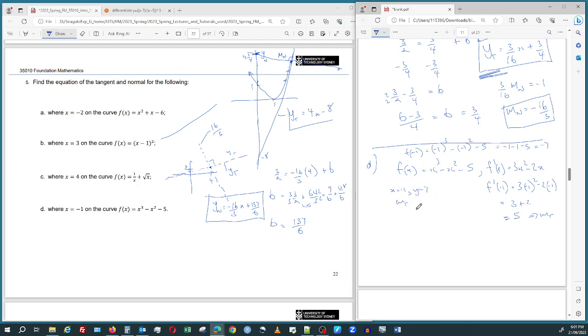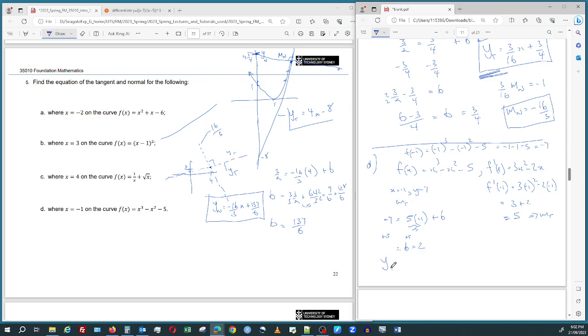Alright, actually it'd be nice to have a look at that cubic, just to show you, but we're going to finish this off and I'll see if I can get it without much help. Alright, so the next thing we've got is YT, so -7 is equal to 5 times -1 plus B. Okay, so that's -5, so adding to both sides, +5 plus 5, -7 plus 5 is 2, so therefore B is equal to 2.